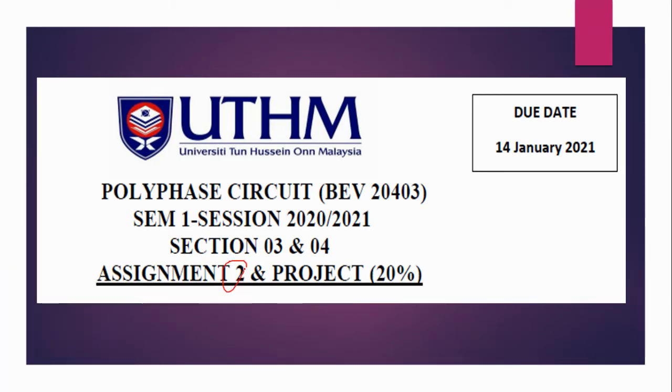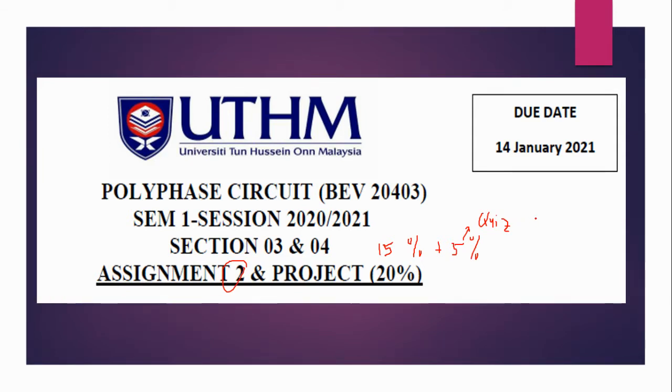So this is assignment 2 and project. The marks for this assignment is usually 15%, if I'm not mistaken. But never mind, maybe in our case I will add 5%, because this is maybe for the quiz. Not sure, later I will check or decide.